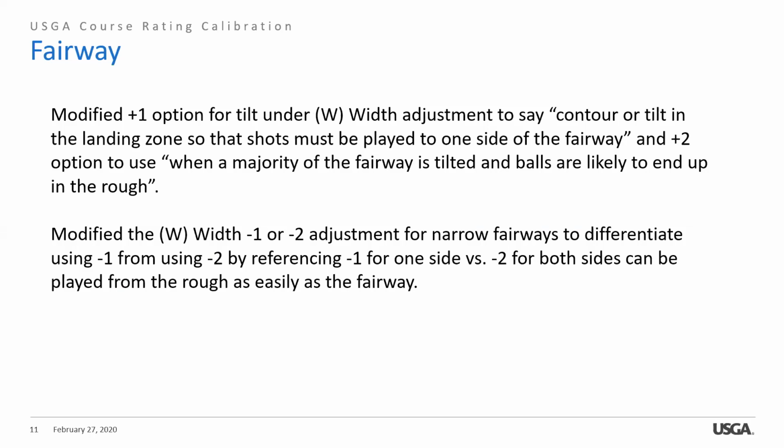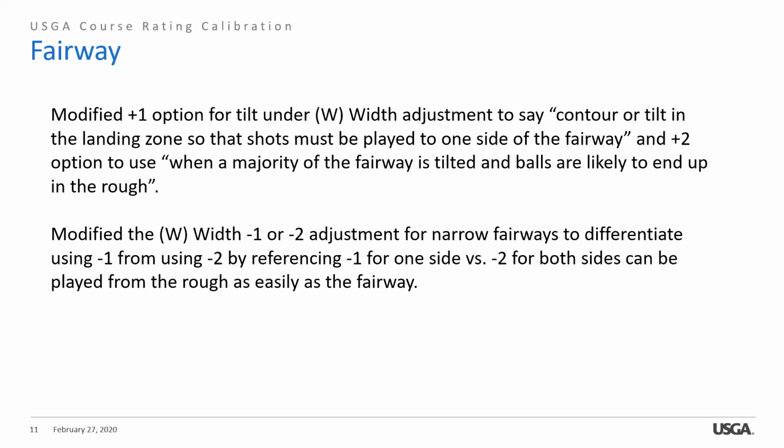So we've made that a little more specific in terms of what to apply a +1 to and what to apply a +2 to with those examples. They've also modified the W- adjustment, 1 or 2, for narrow fairways to differentiate using a -1 from using a -2 by referencing a -1 for one side of the fairway and a -2 for both sides of the fairway if it can be easily played from the rough, as it can be from the fairway.